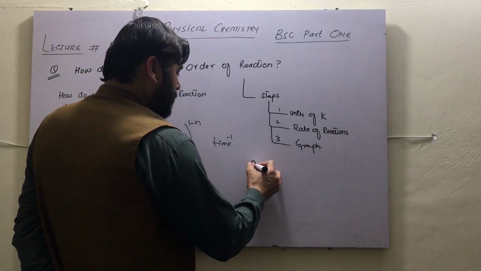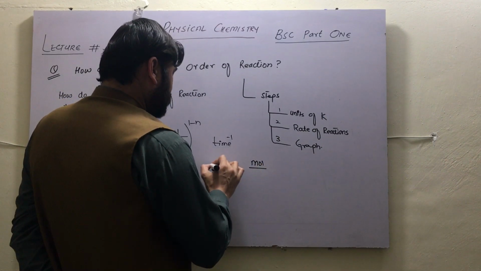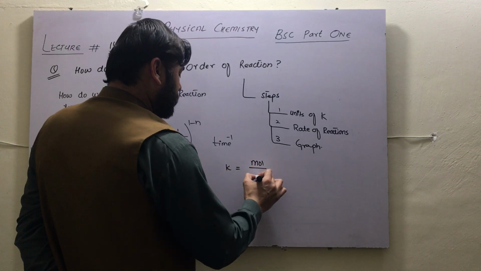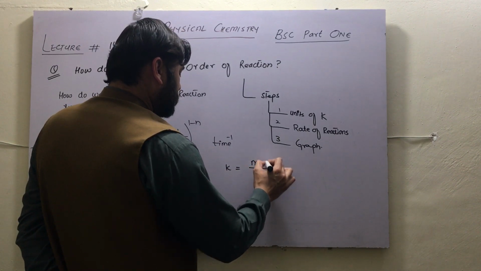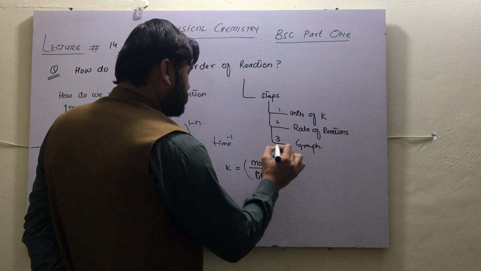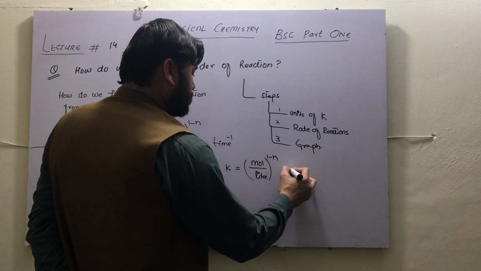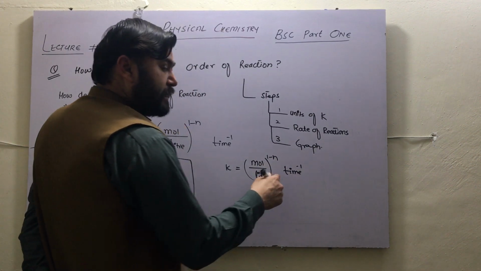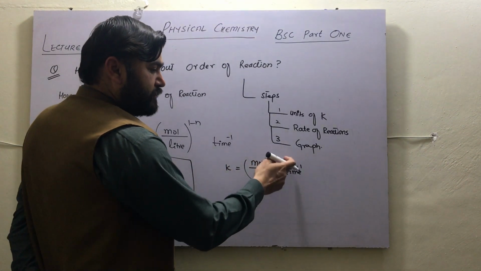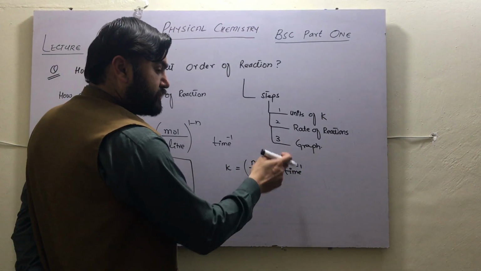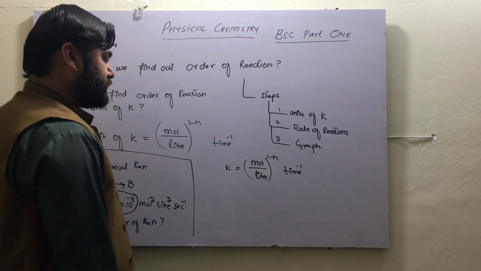The unit of k is mole per liter to the power 1 minus n and time inverse. Now time can be anything: second inverse, hour inverse, year inverse, whatsoever. We are not concerned with that.